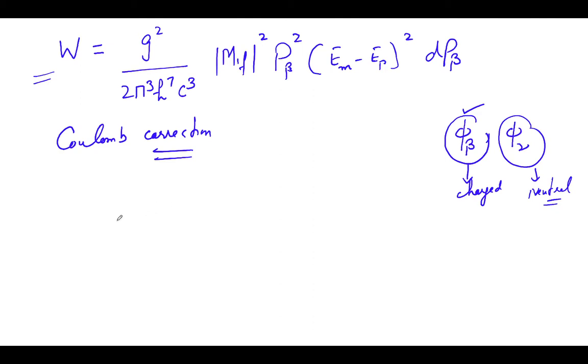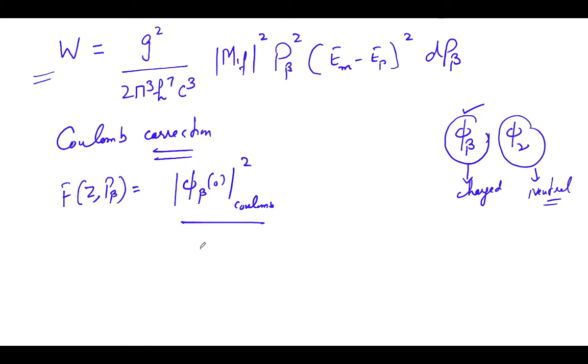When we introduce this Coulomb correction term in the phi b expression, we get the Fermi function that we generally denote with F of Z. It is equal to phi b 0 square, when we have not considered any Coulomb correction, over phi of beta square, the planar wave solution.